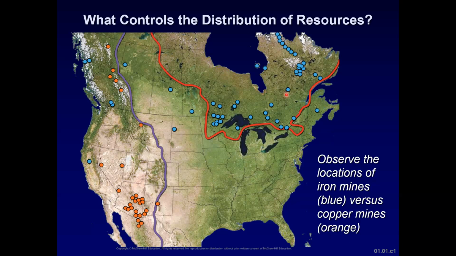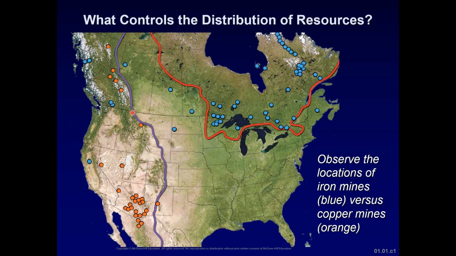And the reason for this with iron is that most of them formed in the Canadian Shield. That's kind of what we have outlined here. At a specific time in Earth's history, we're talking about 2 billion years ago, during an increase of oxygen in the atmosphere. And then most of the copper mines are much younger, say 50 to 150 million years ago. And those are related to events that formed a mountain belt along the west coast.